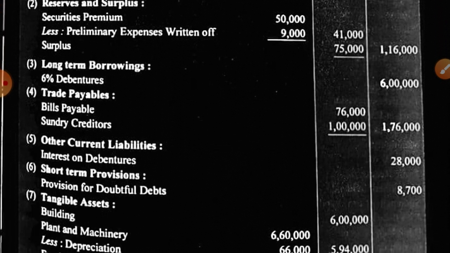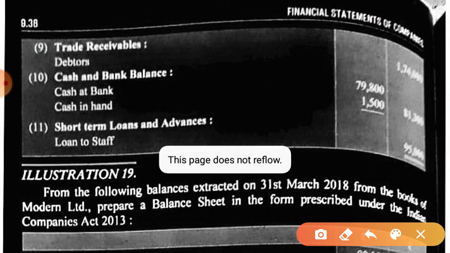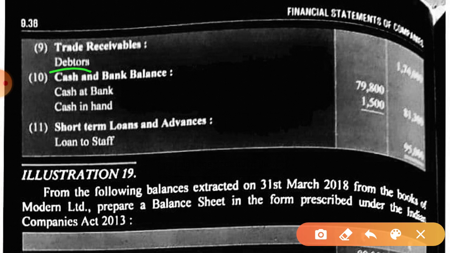Okay. Then trade receivable, we had only debtors. Then cash and bank and cash in hand treated as cash and bank balance, and loan to staff was short-term loans and advances. Okay, this is 95,000.